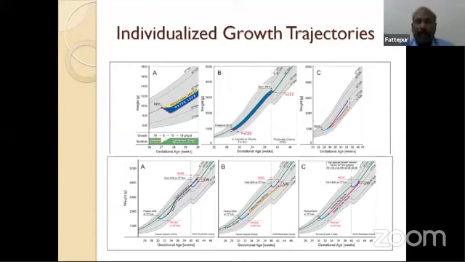Next one is the individualized growth trajectory. This is the newer concept because, as we know, there is a physiological weight loss in any newborn, whether it is a term baby or a preterm baby. Most of this weight loss is contributed by extracellular water loss.